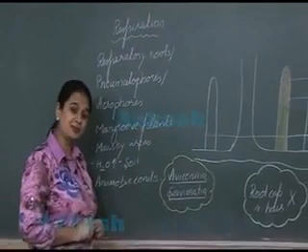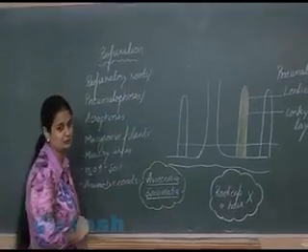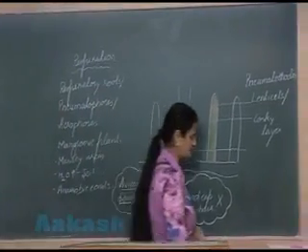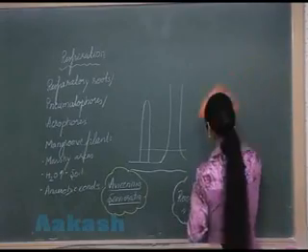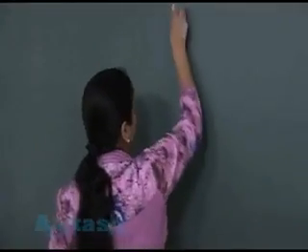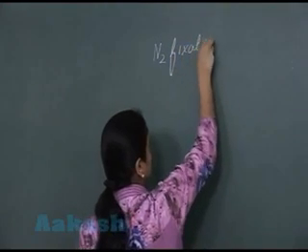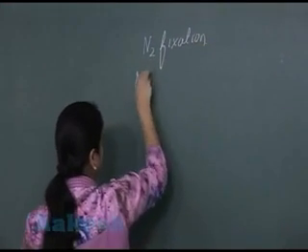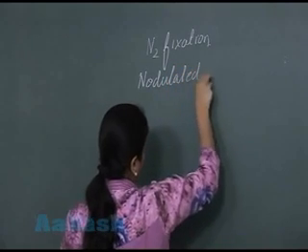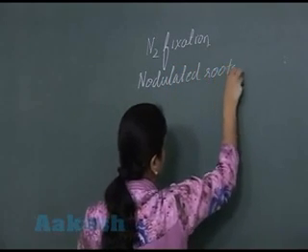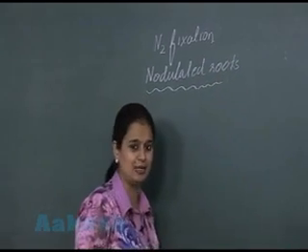So after the respiratory roots, now I will be dealing with the next category, that is the roots for the purpose of nitrogen fixation. The roots which are involved in the nitrogen fixation, they are nodulated roots, and the nodulated roots, they are present in the leguminous plant.